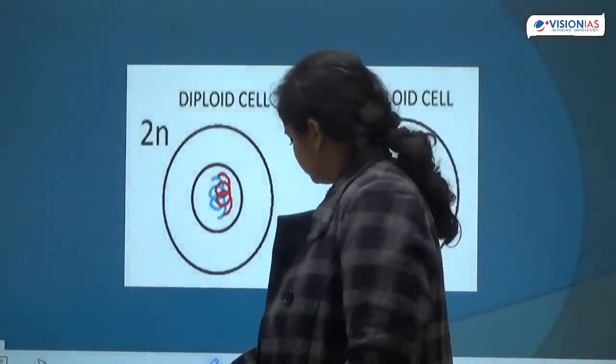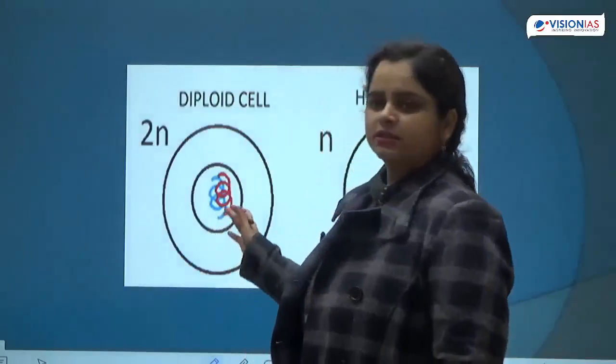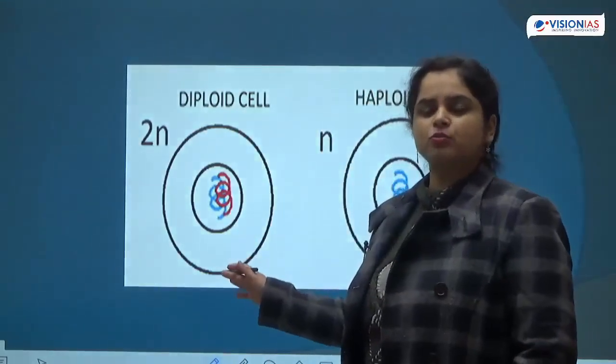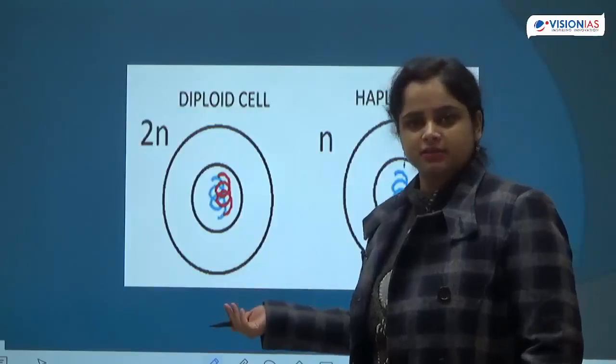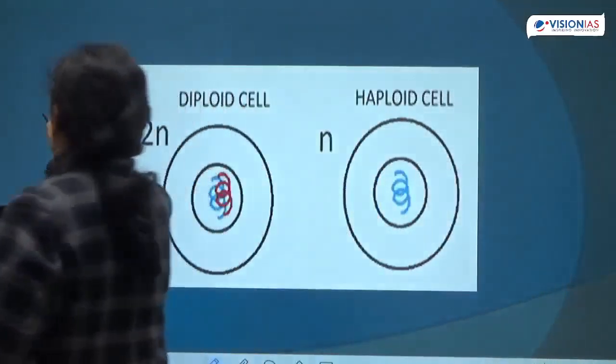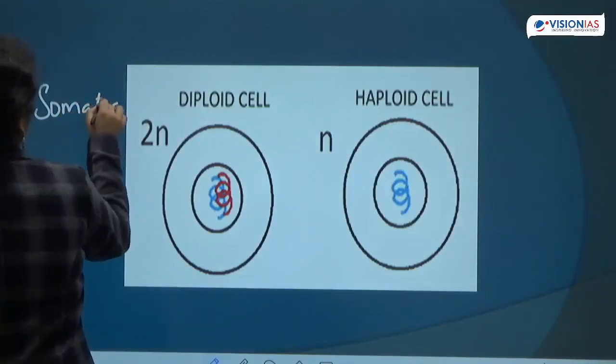Diploid is the 2n, that is the 46 chromosomes for human beings. That means all cells other than the sex cells. And we have a name for that: the somatic cell.